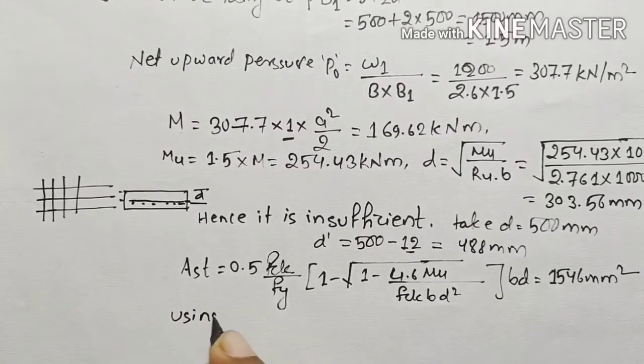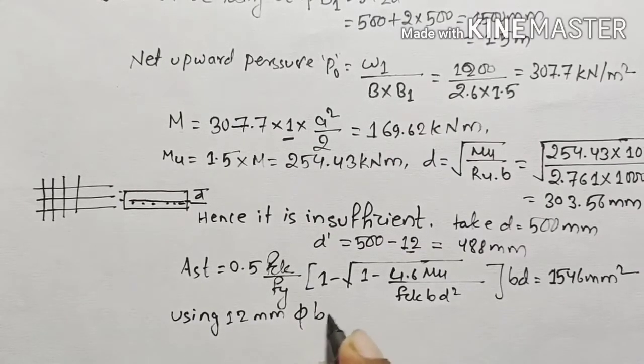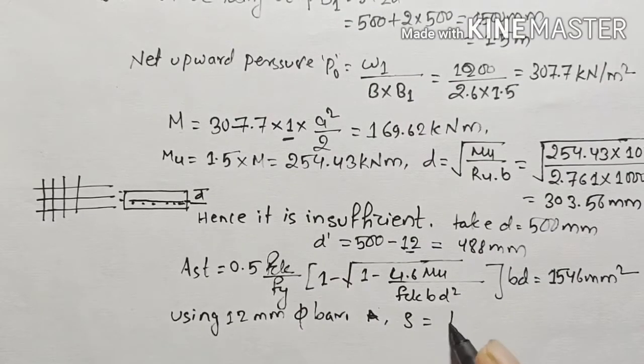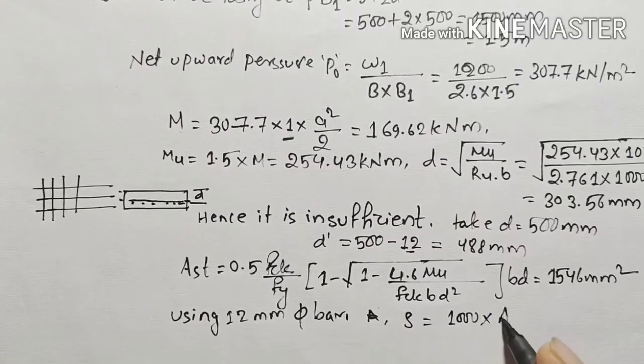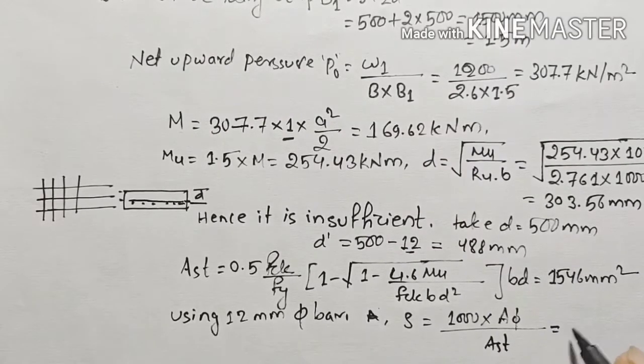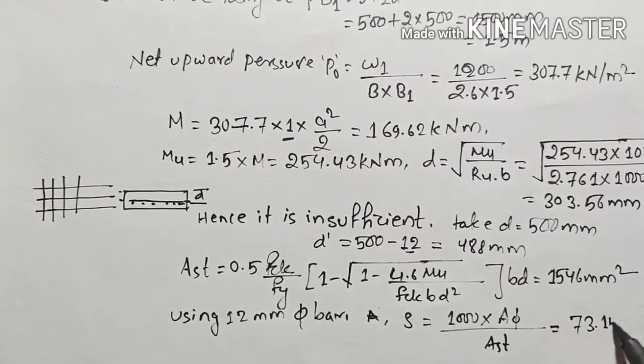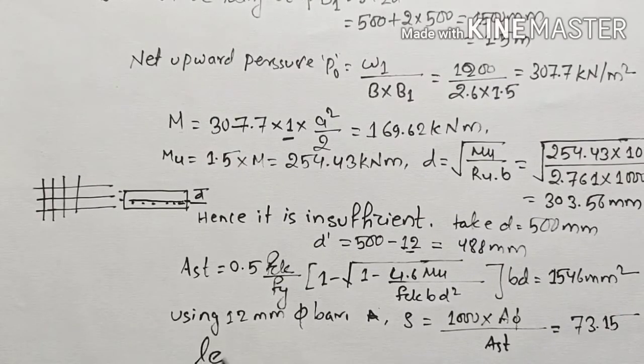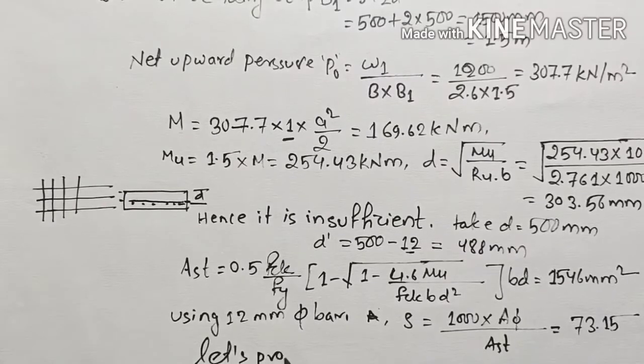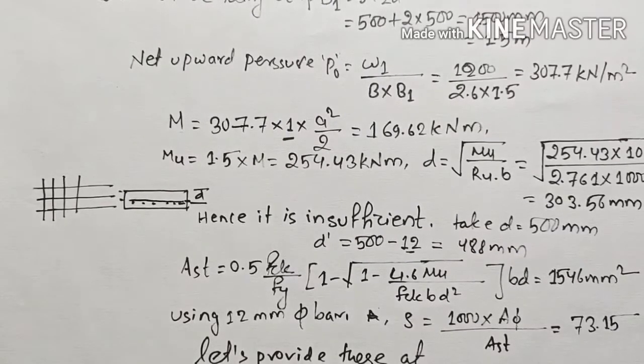Using a 12 millimeter dia bar, spacing of bar equals 1000 into area of one bar by total Ast. So we get 73.15. So let us provide these at 80 millimeter center to center.